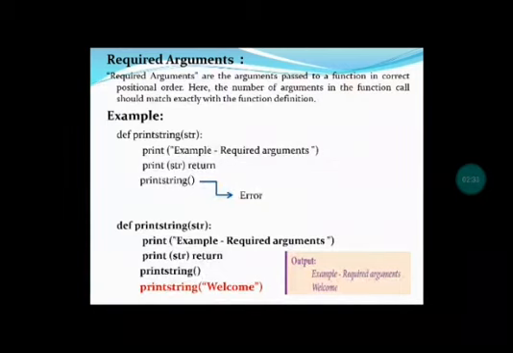So in each and every function statement, the argument should be passed in the correct positional order and that should match with the arguments. If it is not exactly matching, then it will show the error. And if you are not sending any arguments also, it will show the error.